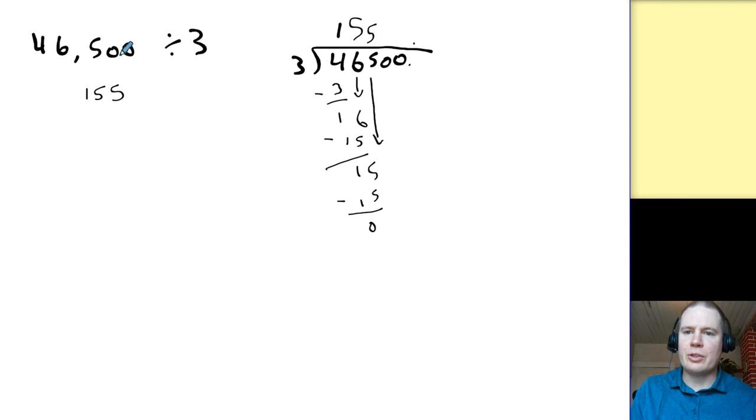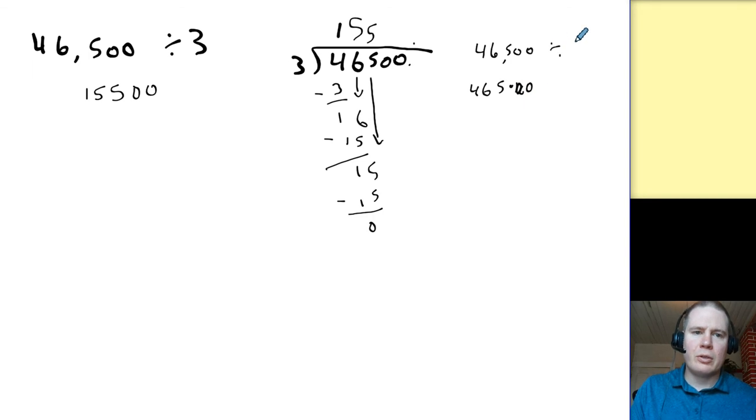But this was 465 times 100 divided by 3. So I need 155 times 100. Right? 46,500 is 465 times 100 divided by 3. Let's make that 100 look more like 100.